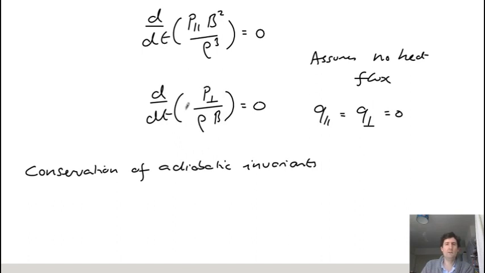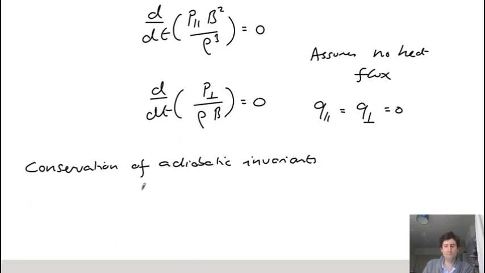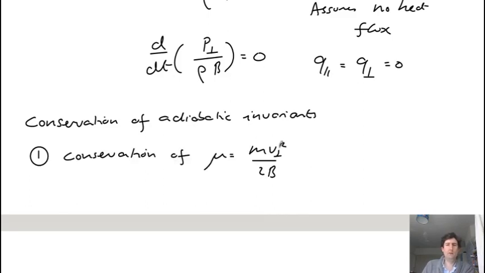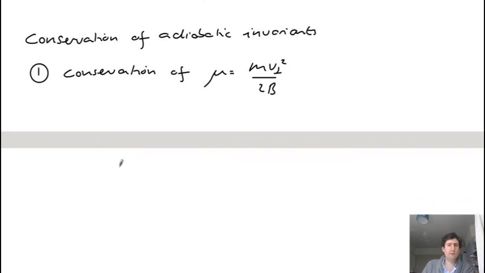So this is essentially conservation of magnetic moment, the first adiabatic invariant. You can see this by writing the pressure.